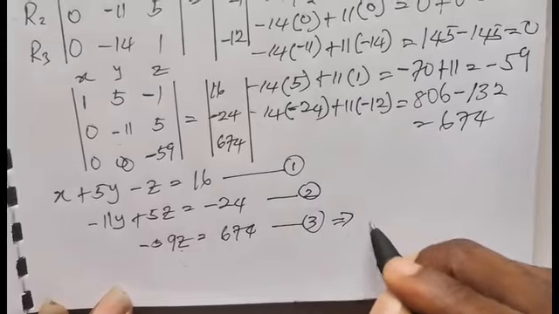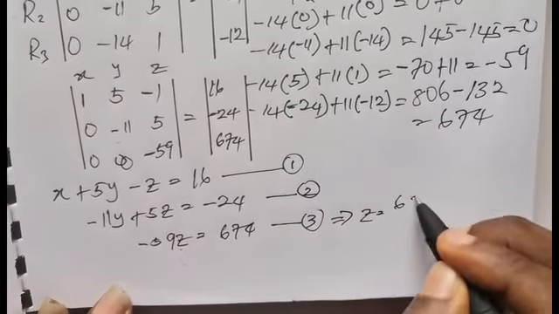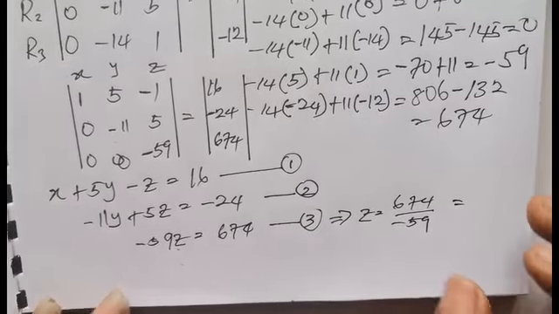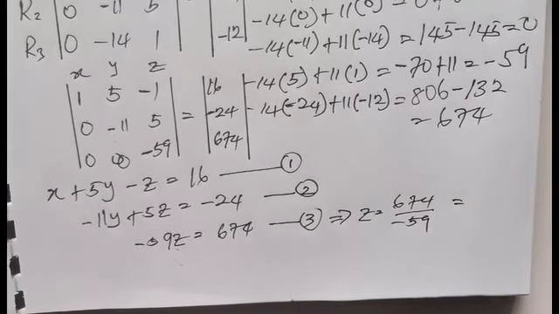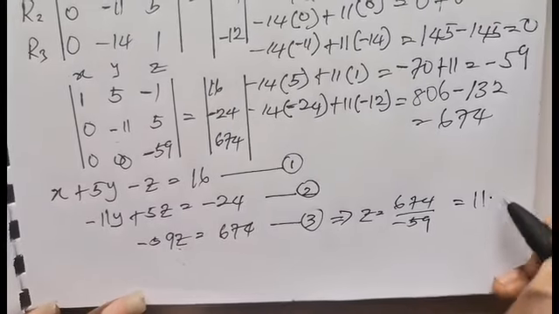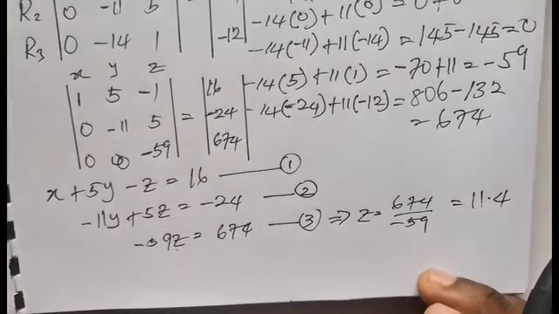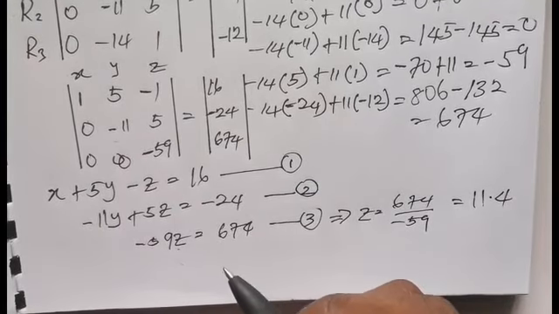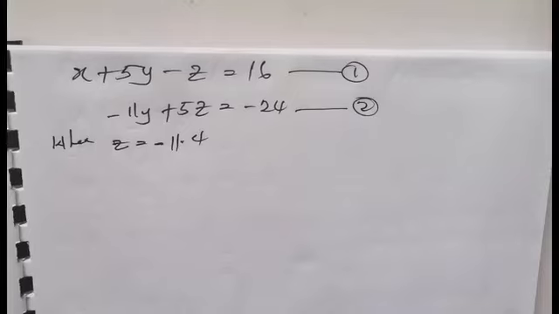So from equation 3, you can make z the subject. This simply implies that z is equal to 674 divided by negative 59, and therefore we have a value for z. So z is approximately negative 11.4. Now, if we know z, we simply put that value into equation 2 to obtain the value of y.